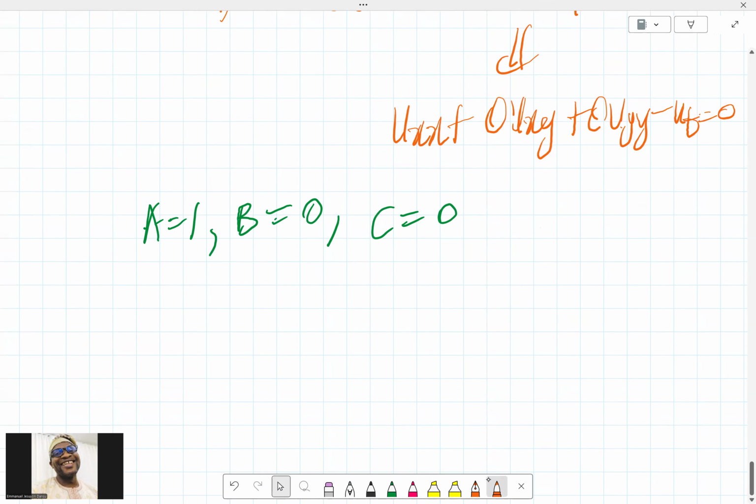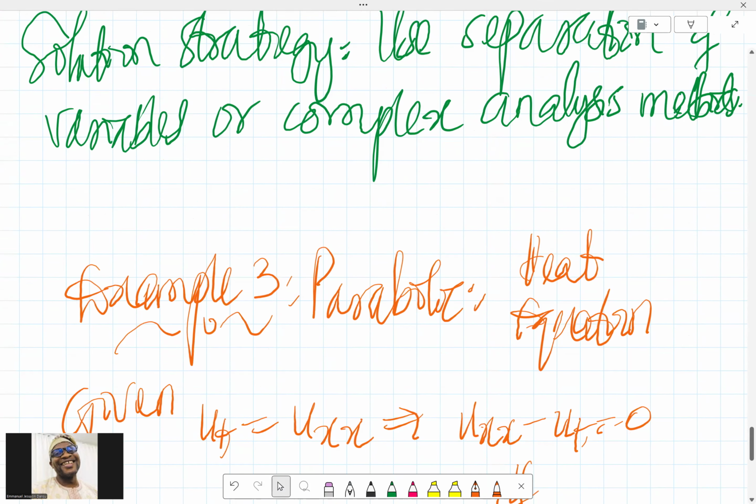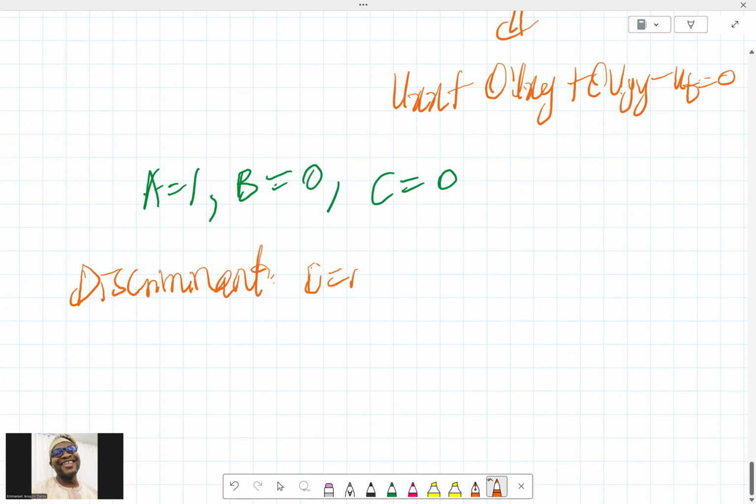So from there, we can find the discriminant. That is D equals B squared minus AC. So D is equal to 0 squared minus 1 into 0.